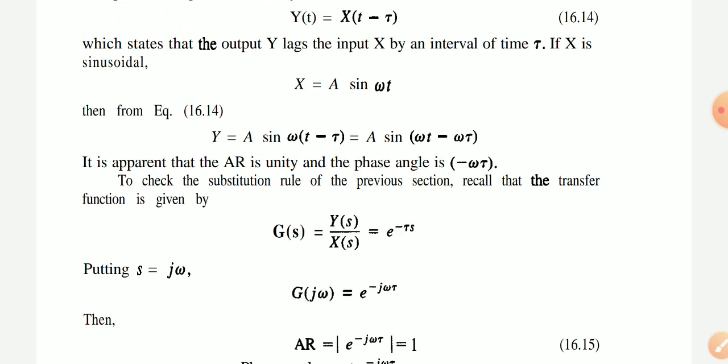To check the substitution rule of the previous section, recall that the transfer function is given by G(s) = Y(s)/X(s) = e^(-tau s). Putting s = j omega, G(j omega) = e^(-j omega tau).